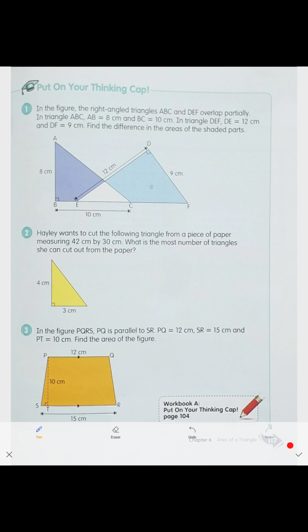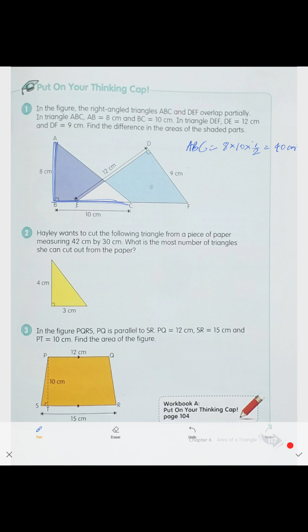You can think of them as two separate triangles, and you just need to calculate the difference between their areas. So for triangle ABC, we identify our base, so our base is 10, our height is 8, or vice versa, because it's a right triangle. So half of the product is the area, which is 40 square centimeters.